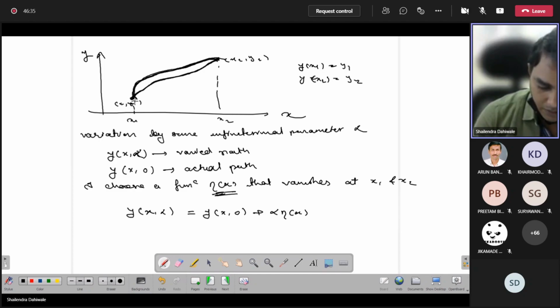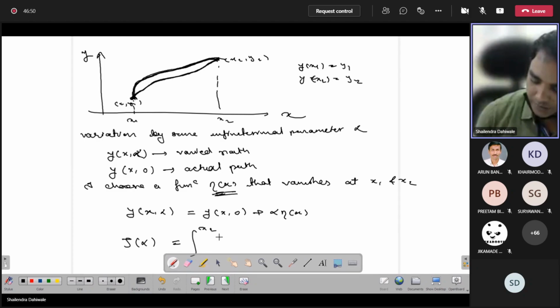So if this is true, then what is my Hamilton's principle for this varied path? I can write the varied path line integral between x1 and x2 as f of y of x, alpha and y dot of x, alpha, dx.